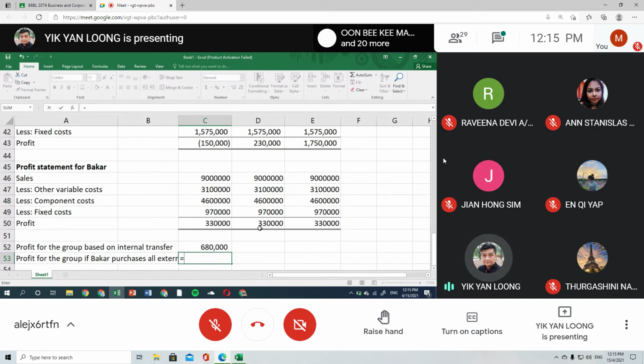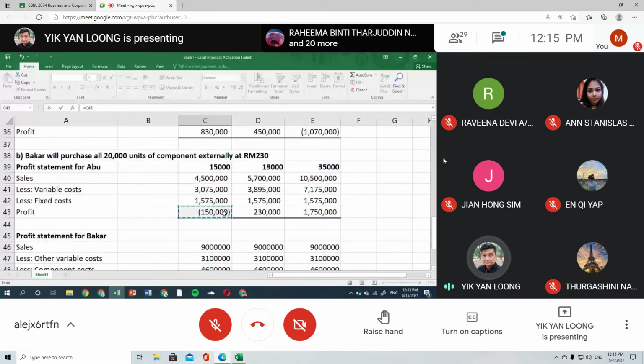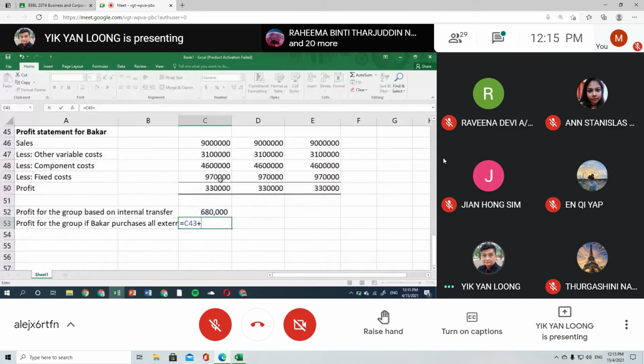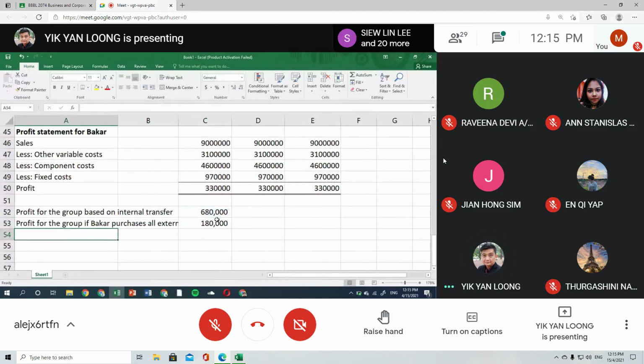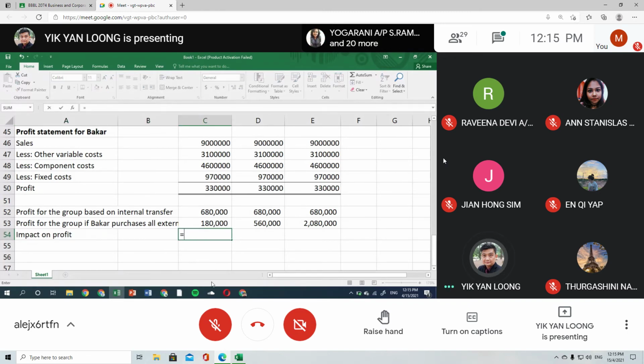So again, you add up both. Abu is here, and I add Baka. This is the impact on profit. So this will be this minus this.